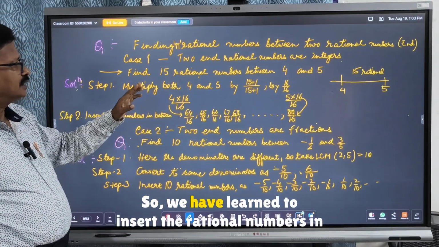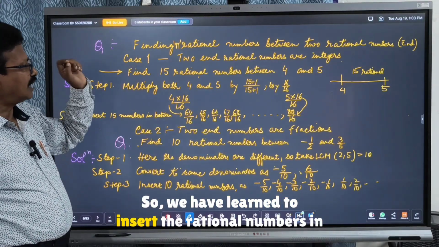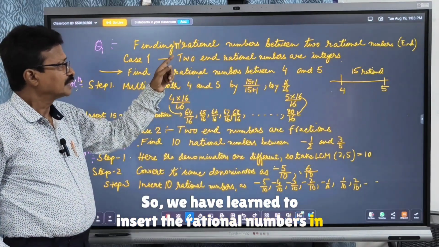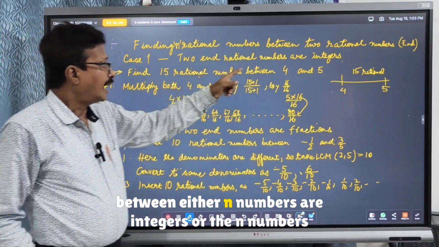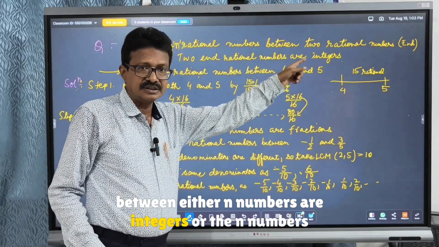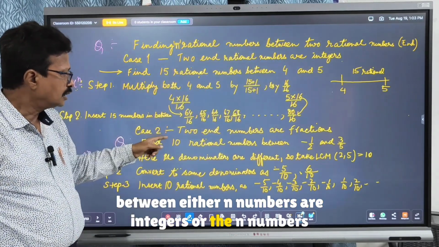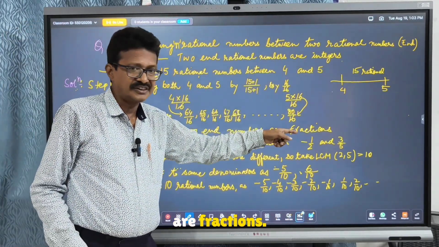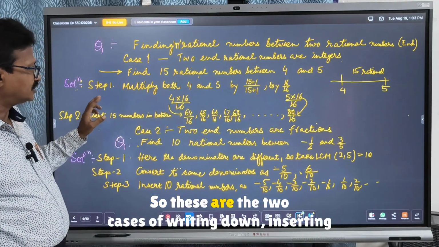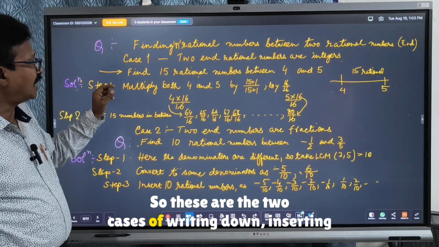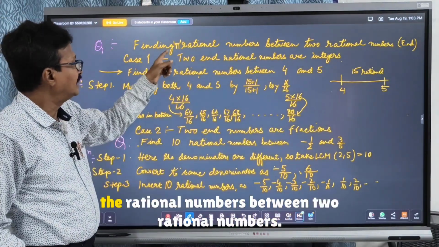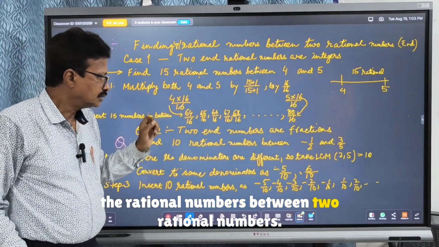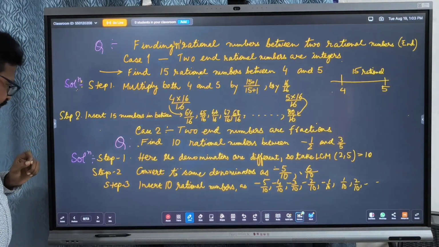So we have learned to insert rational numbers in between, whether the end numbers are integers or fractions. So these are the two cases of inserting rational numbers between two rational numbers.